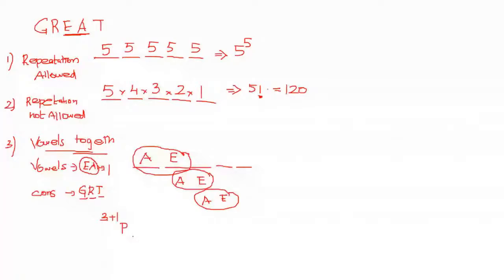And the number of places, three different places plus, look here, if A is coming here, E should always be here. That means the next place should always be engaged, so it fills together. In that case, I take the number of places as 1. So it will become 4P4, which is 4 factorial.